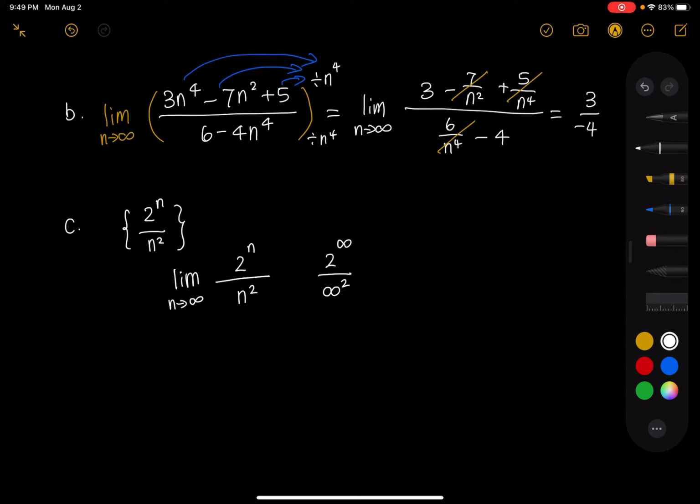So there are 3 different possibilities: infinity, a constant, or 0. So we need to apply the rules that we have learned, and I'm going to remind you, whenever we have this, essentially infinity over infinity indeterminate form, we will apply L'Hopital's rule.